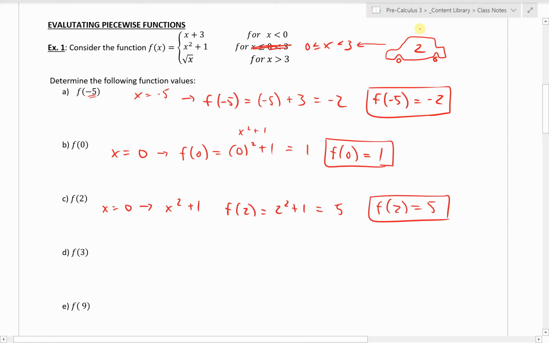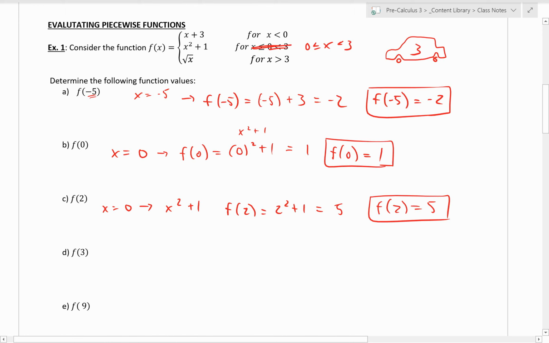When x is 3, part D here says f of 3. So I'm in the 3 car. Be careful here. The middle lane is only for values that are less than 3. Values that are greater than 3 go into the bottom lane. This could happen occasionally. We're going to see functions that have these kinds of breaks in them. 3 can't go into the middle lane. It can't go into the bottom lane. In fact, this 3 can't go into the function at all.